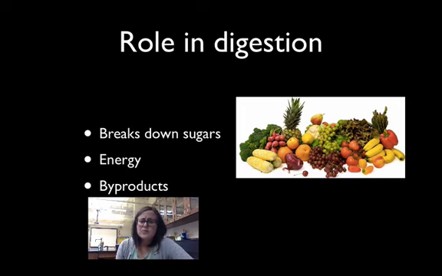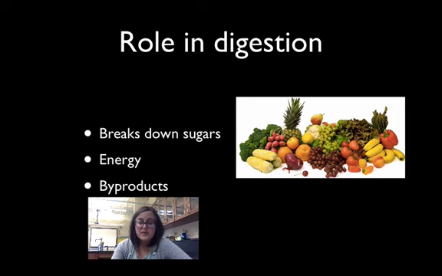So what the bacteria in the large intestine does is it takes all the digestive material that's left by the time it gets to the large intestine, and anything that's left there is really hard to digest, something that the rest of the system could not break down. And most of this is sugars and starches, especially from fruits and vegetables. So the bacteria will break these starches and sugars down, turn them into energy that cells in our entire body can use.